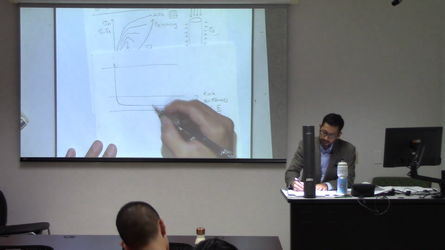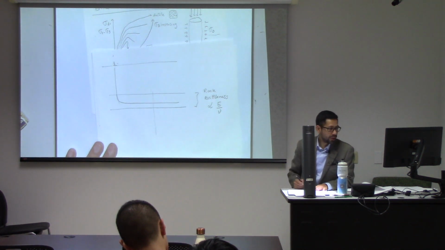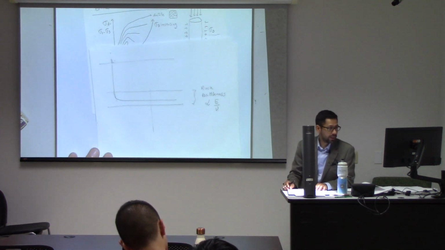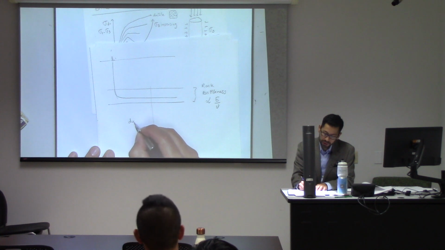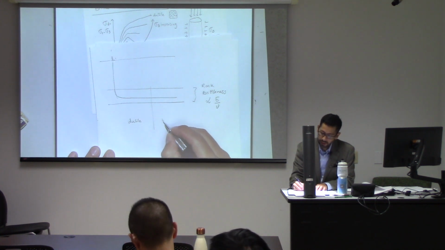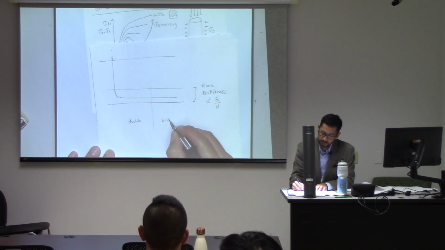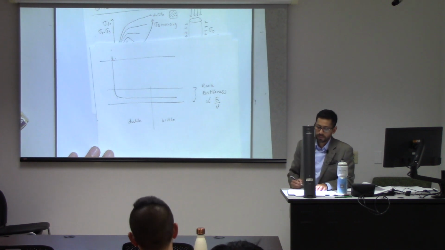If you were to have, let's say that rock, we're going to divide it in two types. One which is ductile, and another one which is brittle.